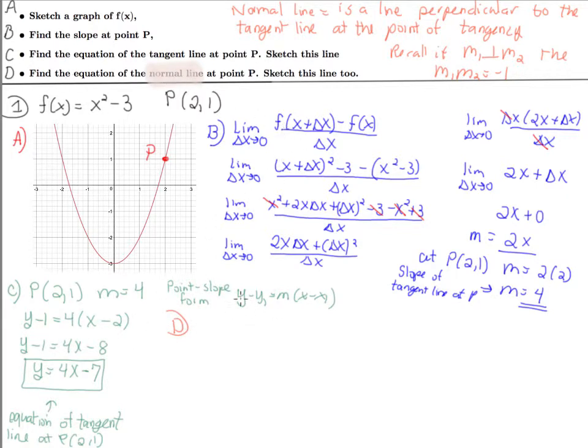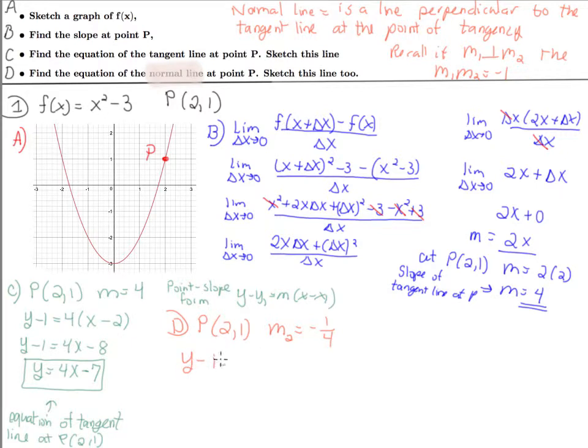So to find the equation of the normal line at point P, I'm going to use the point 2, 1. But my slope this time is going to be the opposite reciprocal of the slope of the tangent line. So instead of a slope of 4, I will use a slope of negative 1/4. Change the sign and flip the fraction over. The procedure to find this equation will be the same.